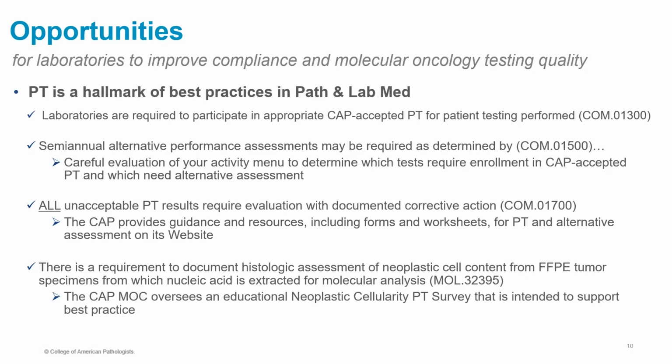Also, there's a requirement to document histologic assessment of neoplastic cell content from formalin-fixed paraffin-embedded tumor specimens, from which nucleic acid is extracted for molecular analysis. The College of American Pathologists Molecular Oncology Committee oversees an educational neoplastic cellularity PT survey that is intended to support best practice.